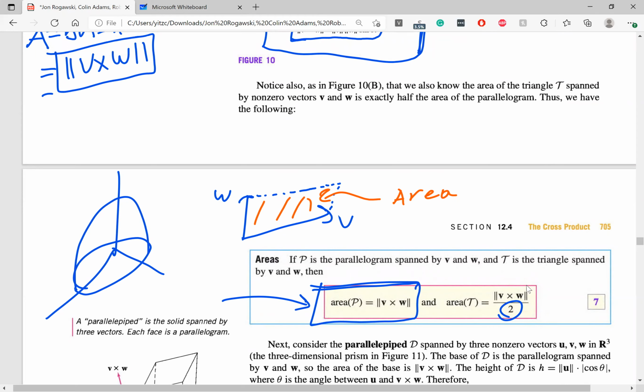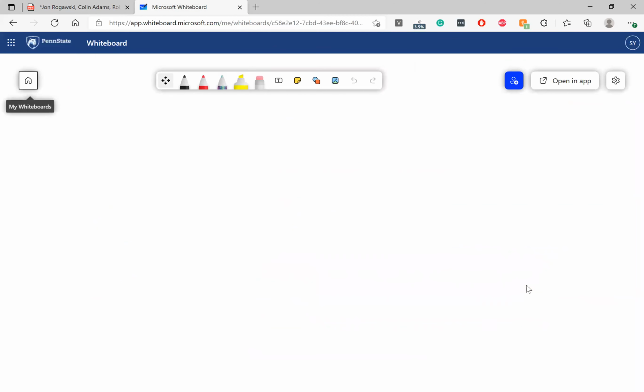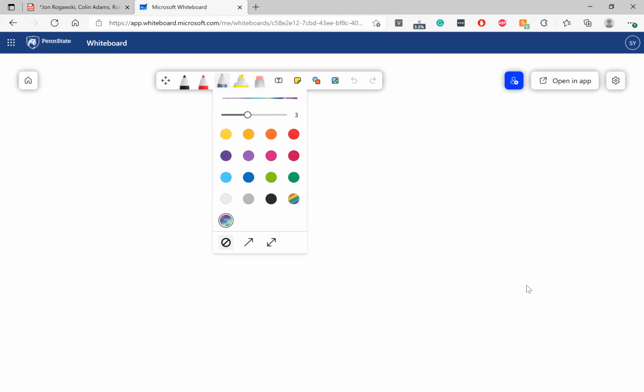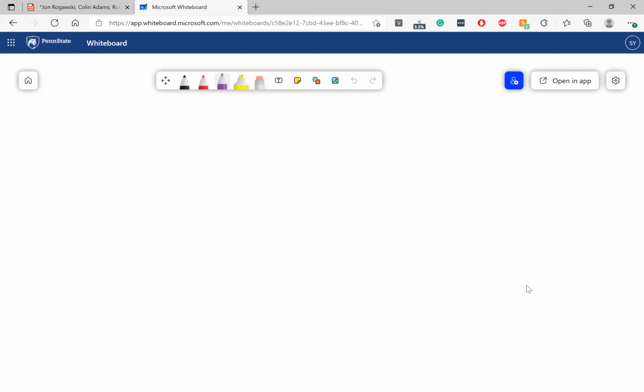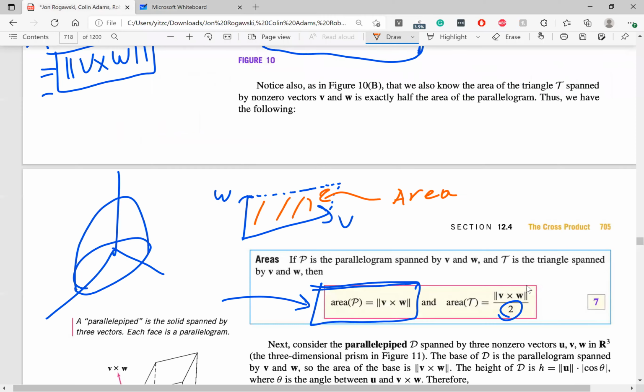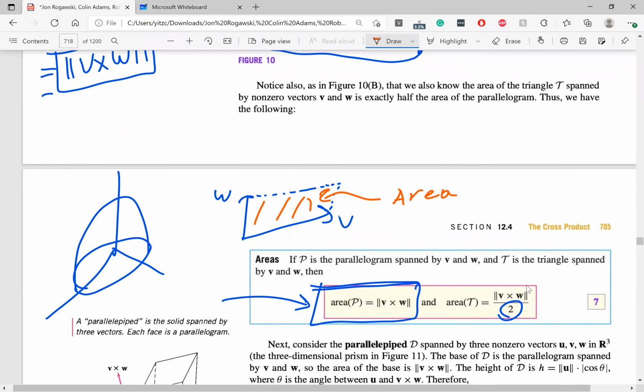And we found a very simple formula for calculating the area, and that is the magnitude of v cross w is equal to the area of this parallelogram. And that was this formula right over here.